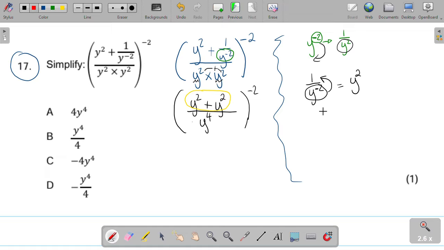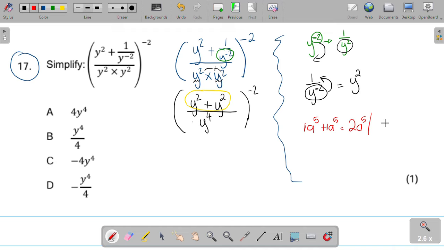To simplify this, I'm just going to give you a silly example. If I have a to the 5 plus a to the 5, remember there's an imaginary 1. So when you have like terms, you can just add the coefficients, the 1 and the 1, so it will become 2a to the 5. Let me give you another example.